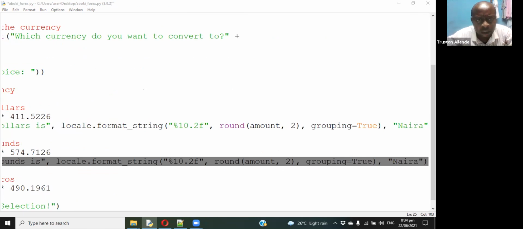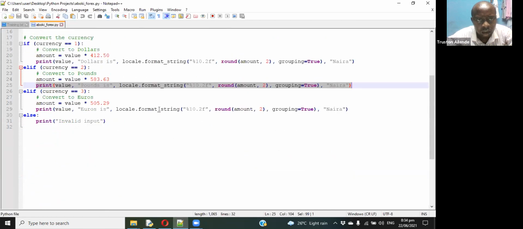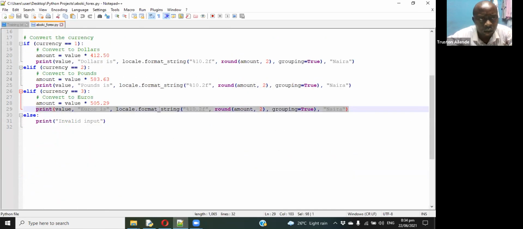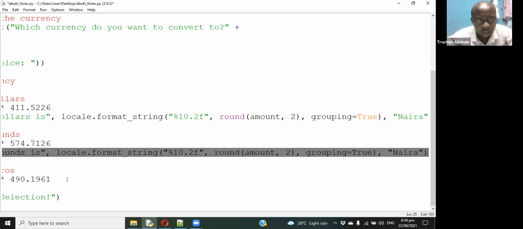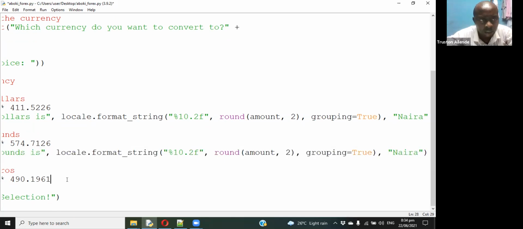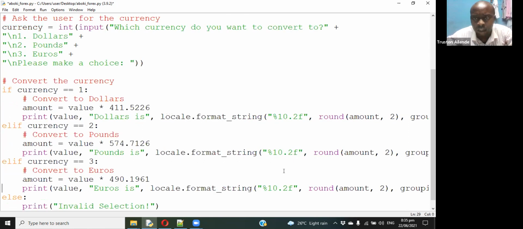That's for pounds. And this is for euros.